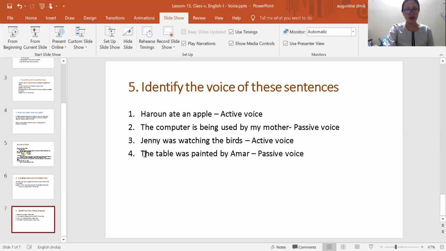The 4th one we have, the table was painted by Amar. Here our focus is mainly on whom? On the table. Our focus is on the table. All right. So this is a passive voice.